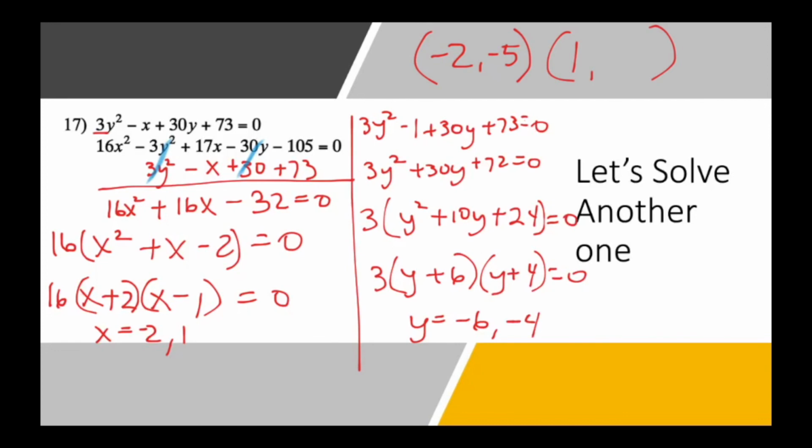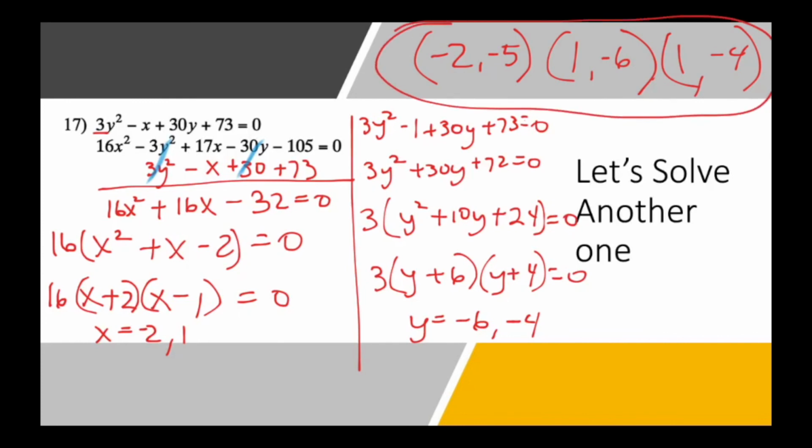So we have two values for this one that we put in. So we'll have two ordered pairs with a 1. We'll have negative 6 and negative 4. We have found where these two conic sections cross. They cross 3 times.